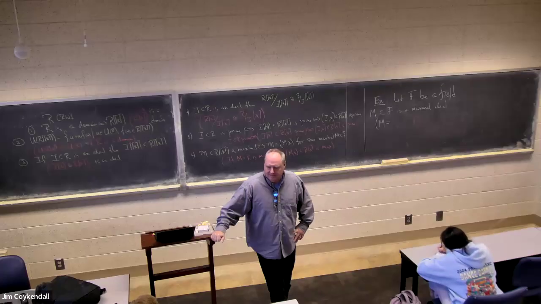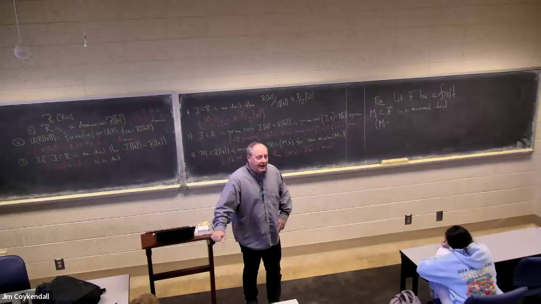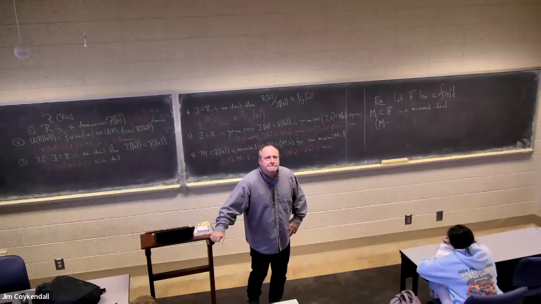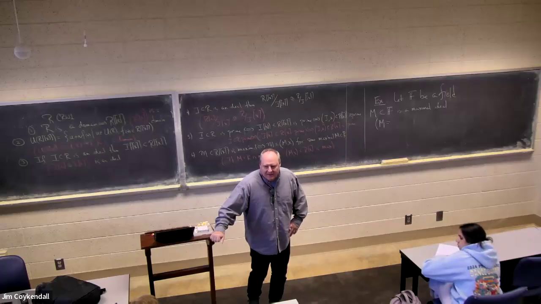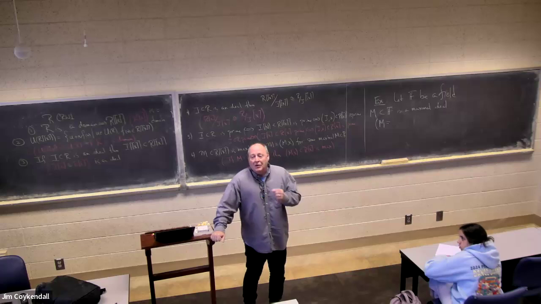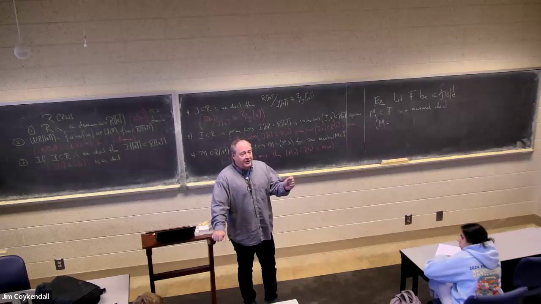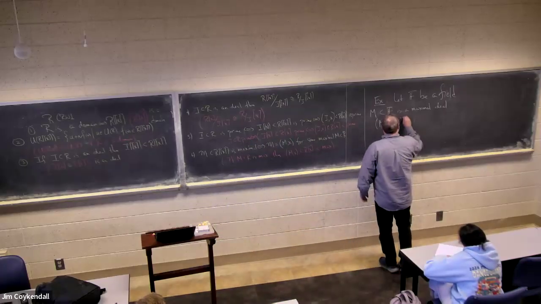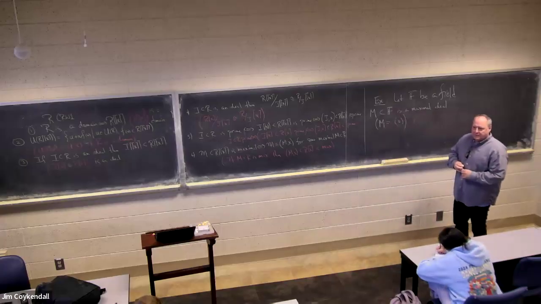Well, it's basically an ideal such that if you have any other ideal that contains it, then that ideal is either itself or the whole ring F. And so that limits your choices because I'm assuming it's a field. Probably all the non-units. What are the non-units of the field? Well, zero only, right? Because everything that's not zero is a unit. So let me tell you what a maximal ideal looks like in a field. That's it, right?